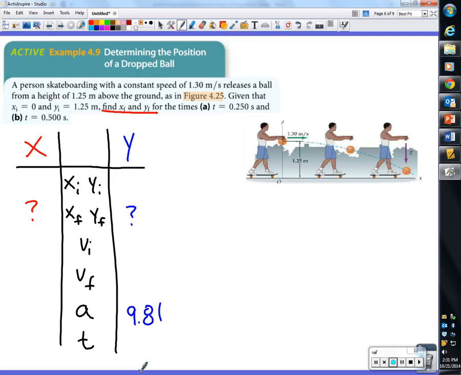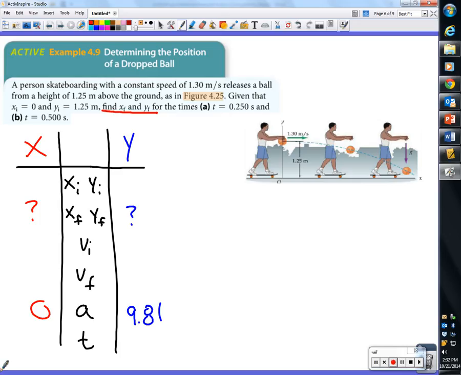Hold on to that thought just for a second, okay? We know that the acceleration on the vertical axis will be 9.81. If gravity is the only thing affecting the motion of this object, which we're going to assume, is there anything affecting the motion of the object on the horizontal axis? If there's nothing affecting the motion, what does the acceleration have to be? 0.